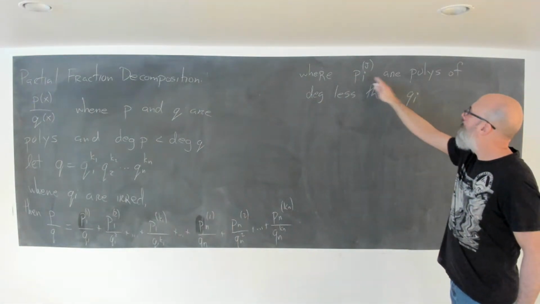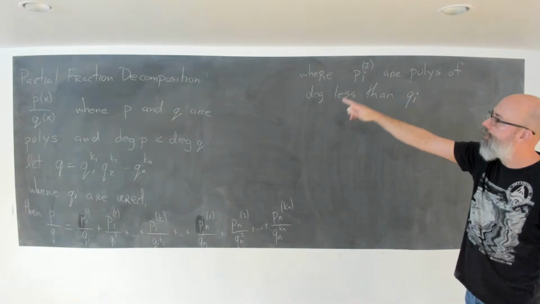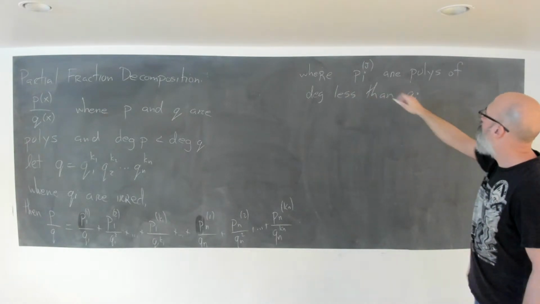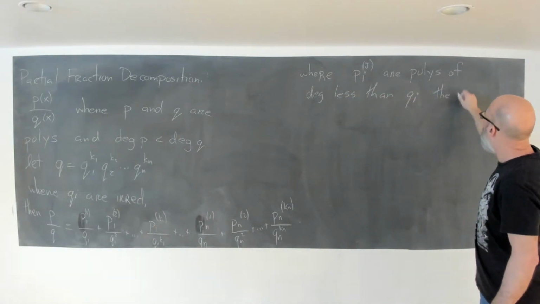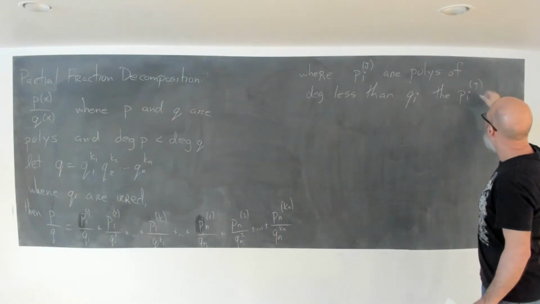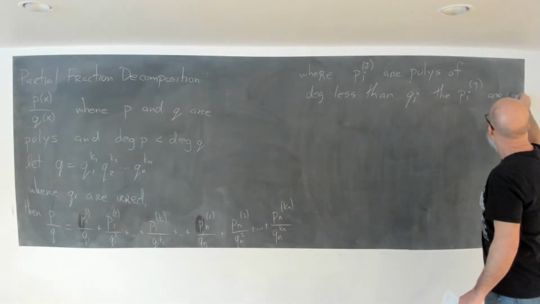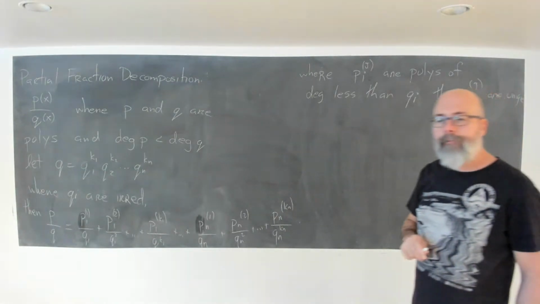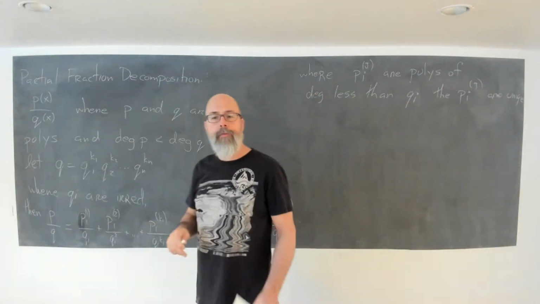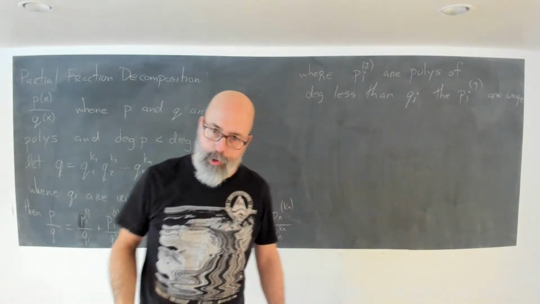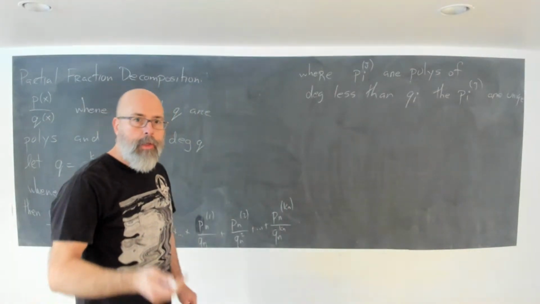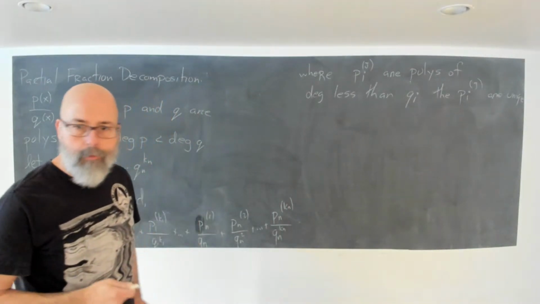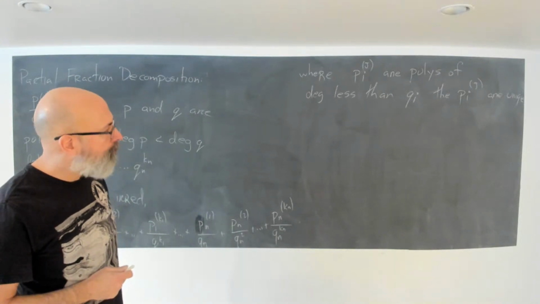Let me make an addition to this theorem here. The Pij are unique. In other words, if you have a partial fraction decomposition, then you have the partial fraction decomposition.